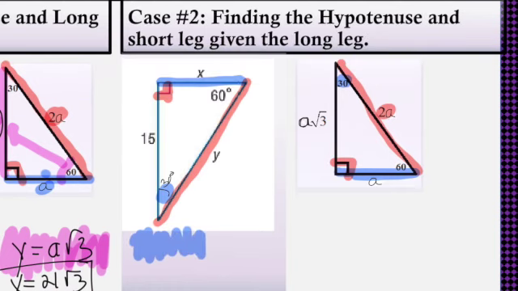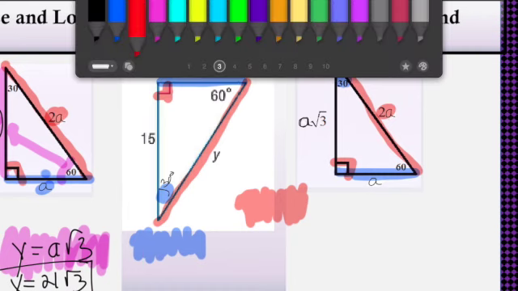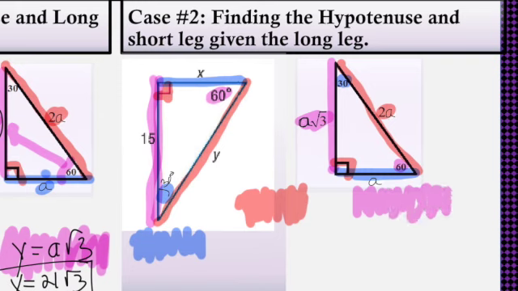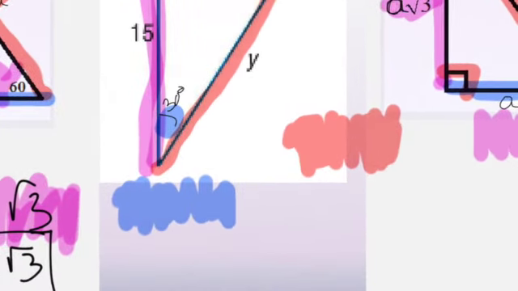My guy in red, let's squeeze that in right around here. And then the last color we've got, so it's just the remaining side, right? The side opposite the 60. So opposite the 60 is going to be a radical 3. Opposite the 60, in this case, on the other triangle, is going to be 15. And we'll put those formulas right there.